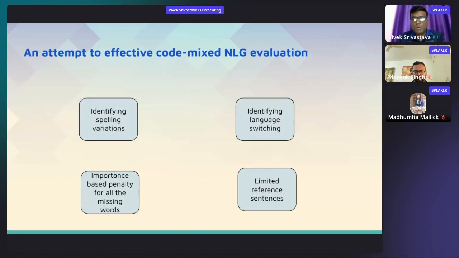The fourth problem is the limited reference sentences. Even though we have at least 2 reference sentences, and on average 2.5, we don't really have a large enough set of sentences to do a very good evaluation.